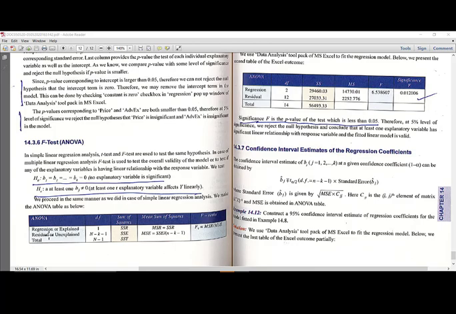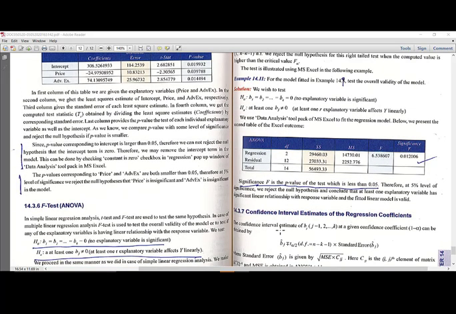Once we make this table of regression or explained, residual or unexplained, and total, that is SSR, SSE, SST, MSR is SSR by k, MSE is SSE by n minus k minus 1, and the F ratio is calculated by MSR by MSE.